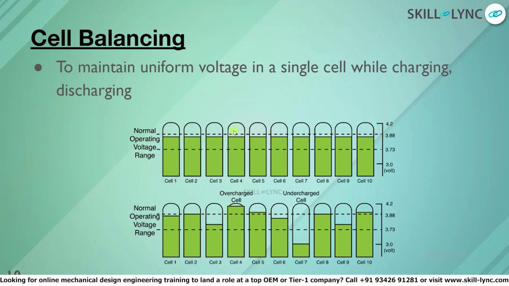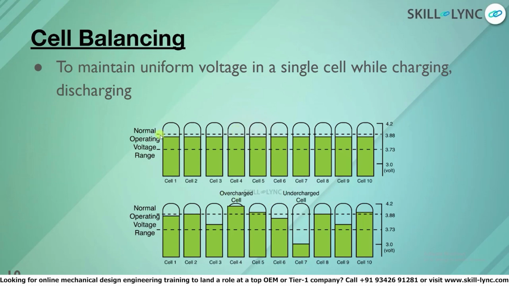So what happens is it stays over there, and the extra current or power coming to it is either dissipated as heat or transferred to the other cells, so that the other cells are charged quickly until cell 7 reaches its threshold normal operating voltage value.